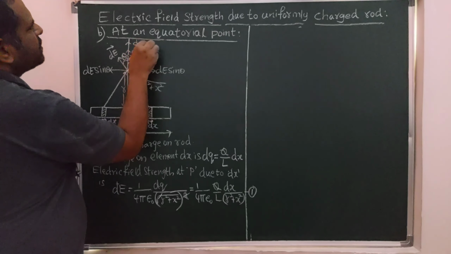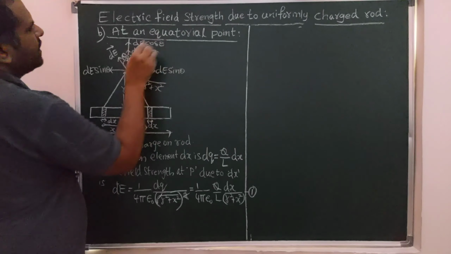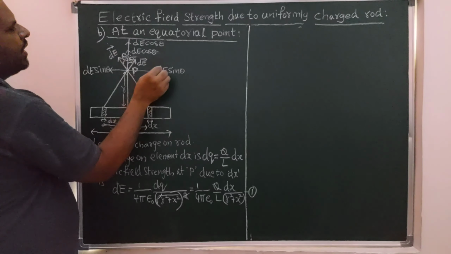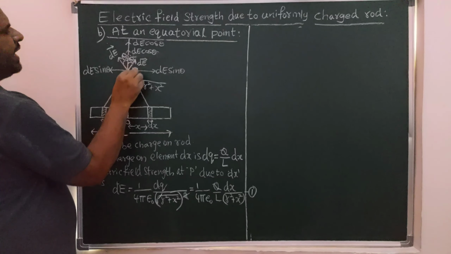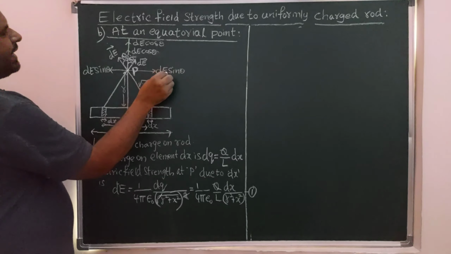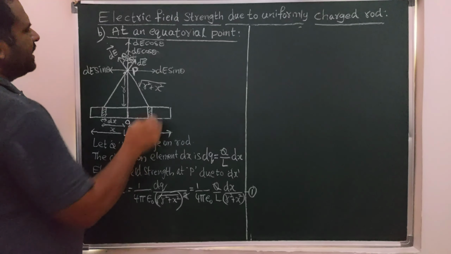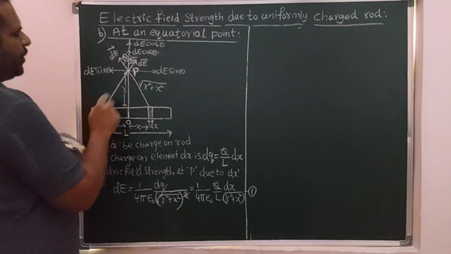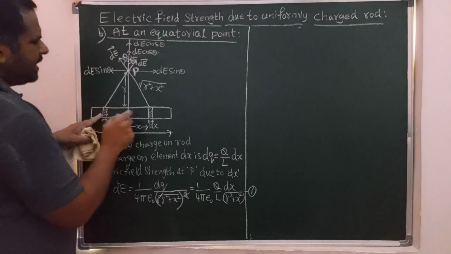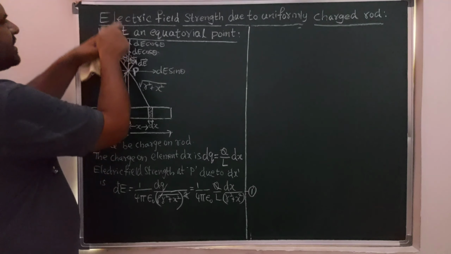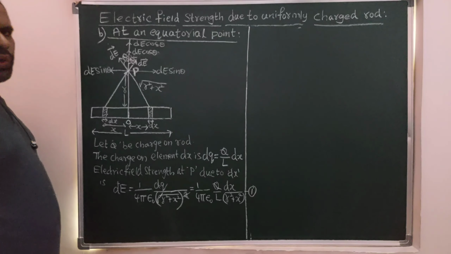So dE cos theta due to these two elements is along the same direction, but the dE sin theta terms are in opposite directions, so they cancel each other. The dE sin theta terms get cancelled, and the dE cos theta terms are along the equatorial line.